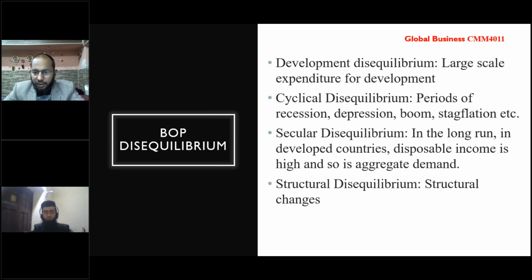Suppose a country decides to build a dam, and not just one dam, 100 dams in a particular economy. What will happen? Government starts spending money on dams. They will hire companies to construct those dams. The companies will get more business, people will have more income, purchasing power will increase.